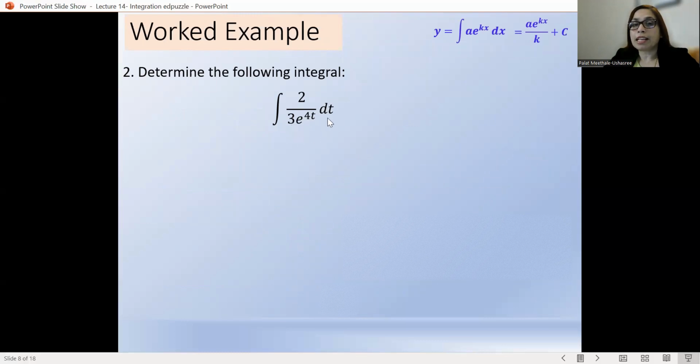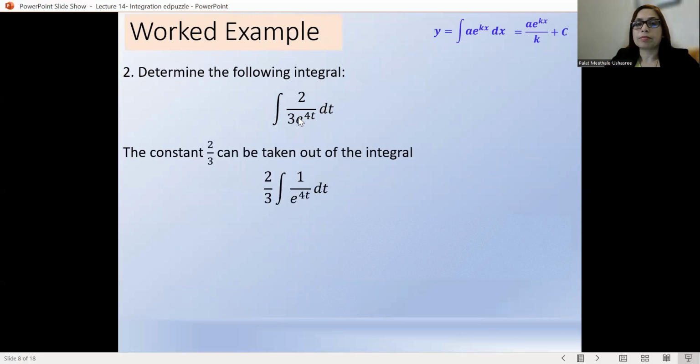So you can rearrange this as 2 over 3 times 1 over e to the power of 4t dt. You can write this in the numerator, e to the power of minus 4t dt, and then integrate this function using this formula.